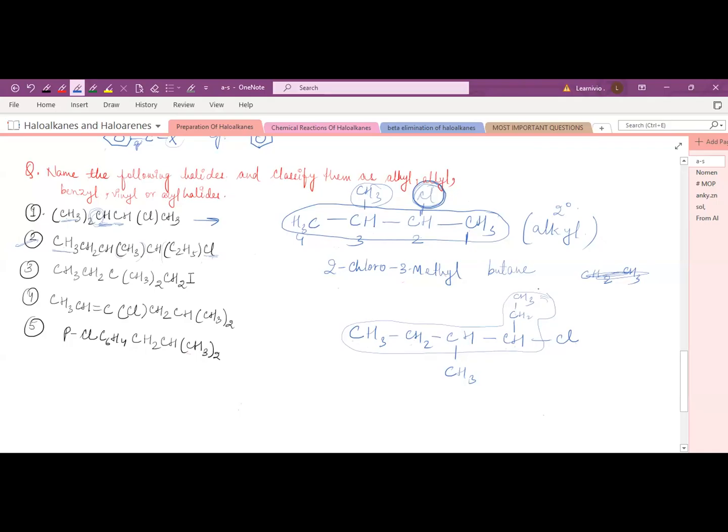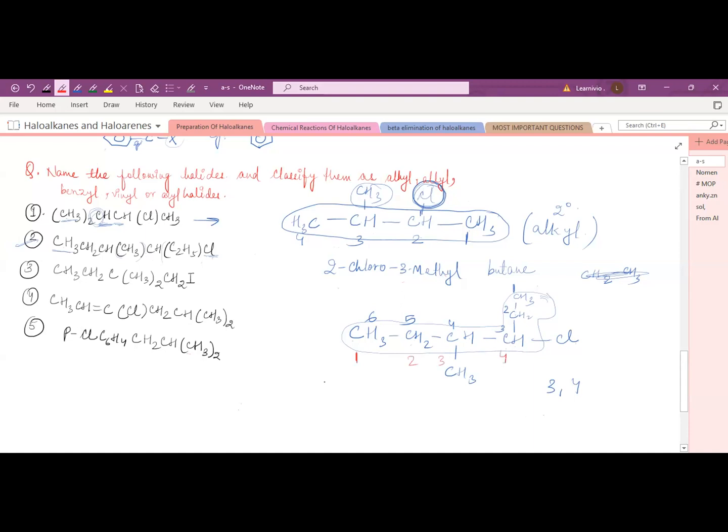Now, if we start the numbering from here on the right side, we have to start the numbering from this carbon: 1, 2, 3, 4, 5, 6. Now check where the substituents are. On the third position, chlorine is there. Third and fourth. Now, if we start the numbering from the left side, it will be 1, 2, 3, 4.